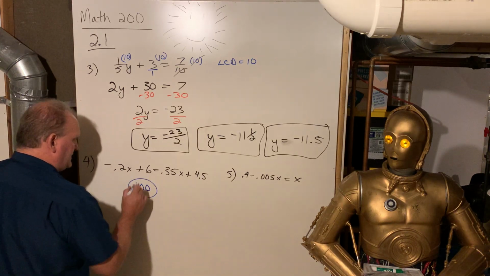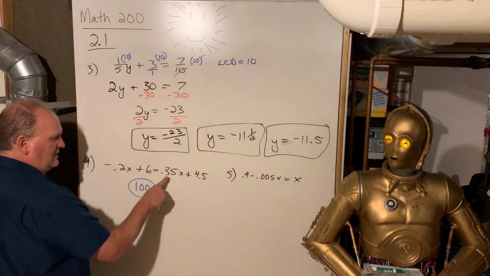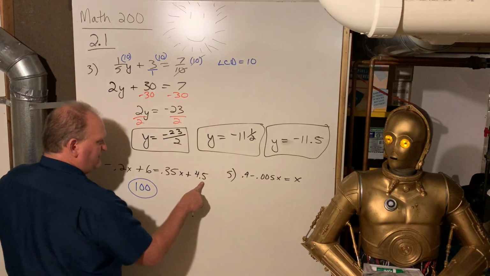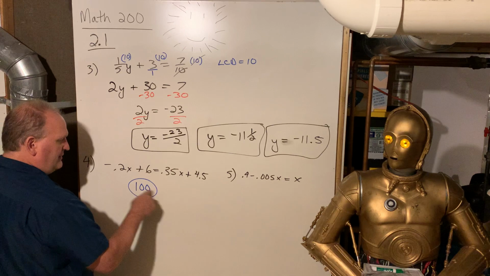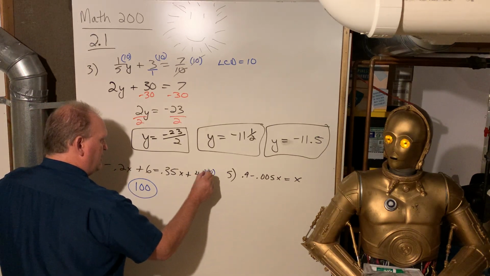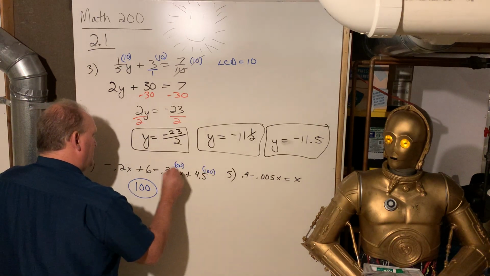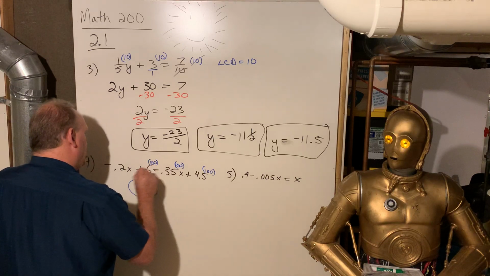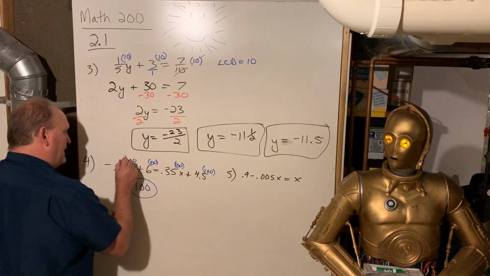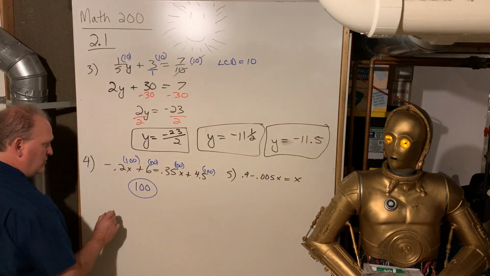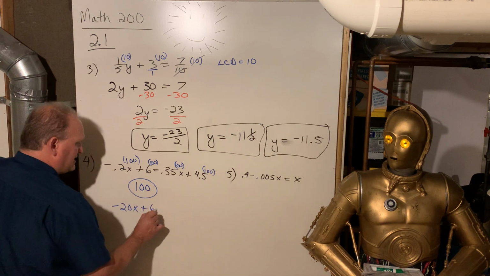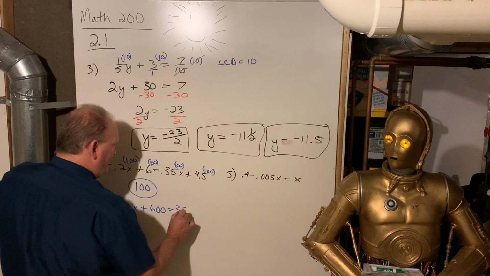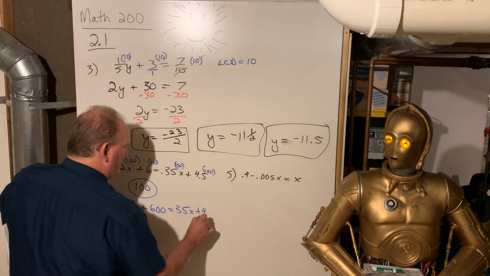100 would fix it, because look, this is 2/10, that's 35 hundredths, that's 0.5 is 5/10. So if I multiply this by 100, and this by 100, and this by 100, and this by 100, then I would end up with a new equation, negative 20x plus 600 equals 35x plus 450.